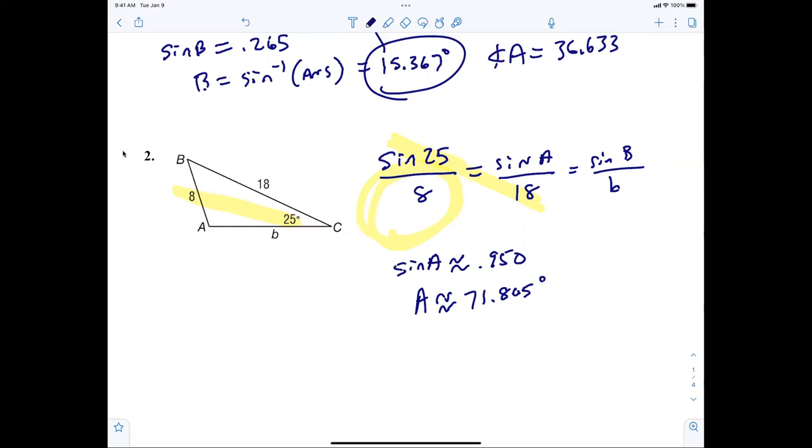I'm not sure how you got there. I don't understand what the question is. You're writing things down instead of doing it on the calculator. I tried to do everything. What did you do? I did sine 25 divided by 8.